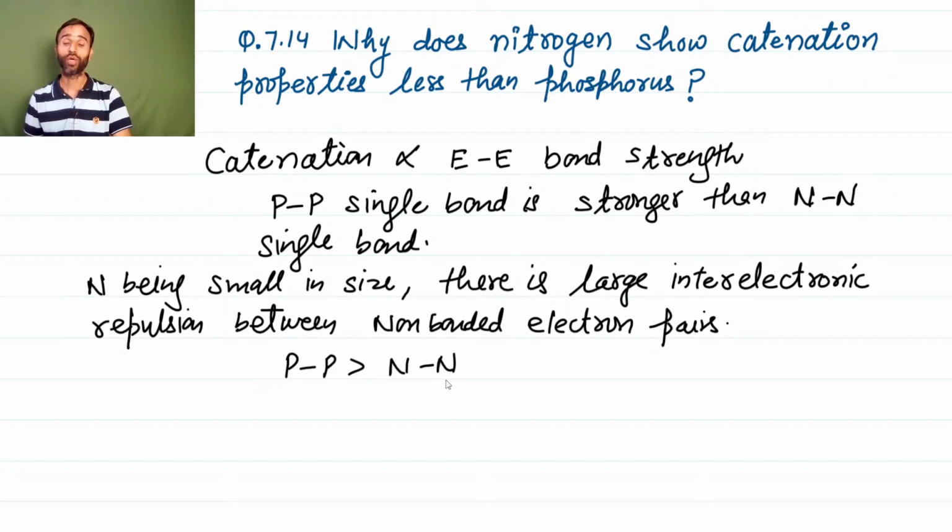That's why phosphorus shows more catenation than nitrogen. Okay, that's why phosphorus exists as P4, nitrogen as N2.